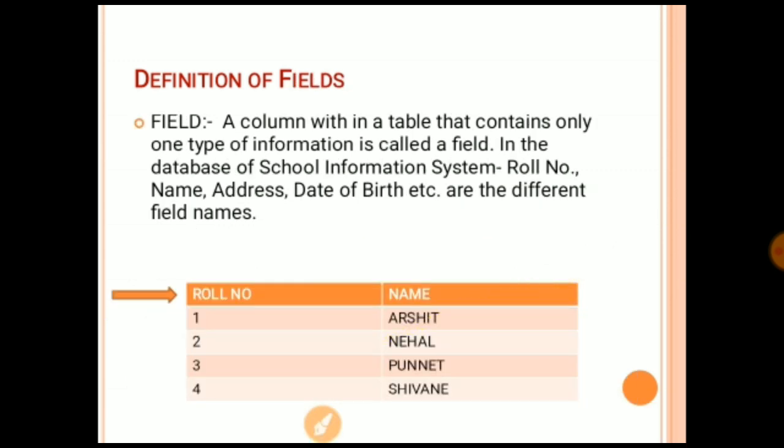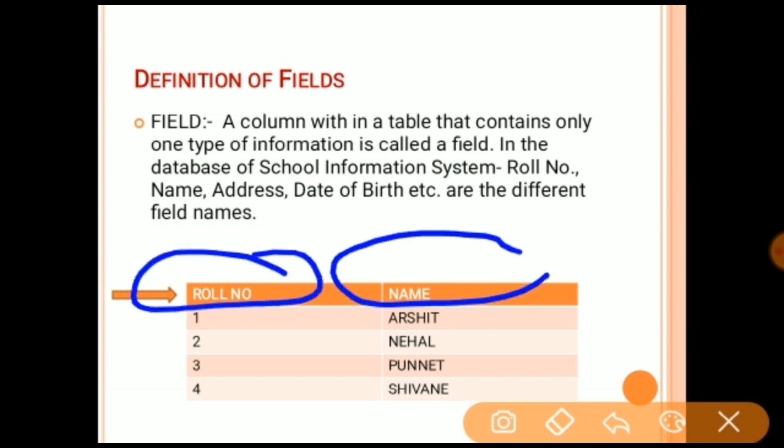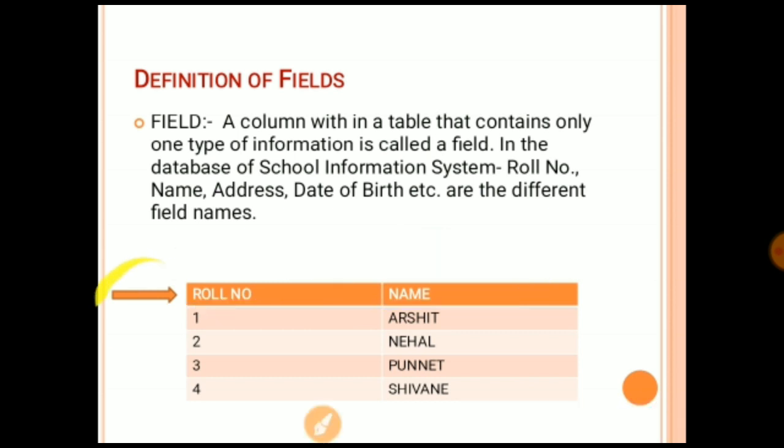Definition of field. A column within a table that contains only one type of information is called a field. So basically a field is just a specification of a group of values, like roll number and name. As you can see, I am representing it with an arrow.